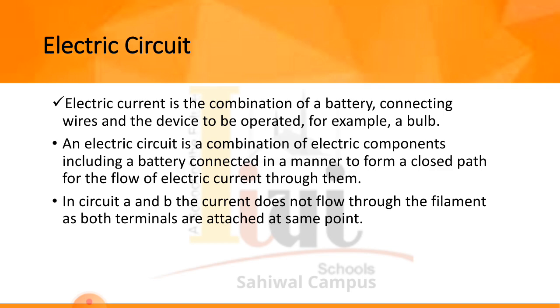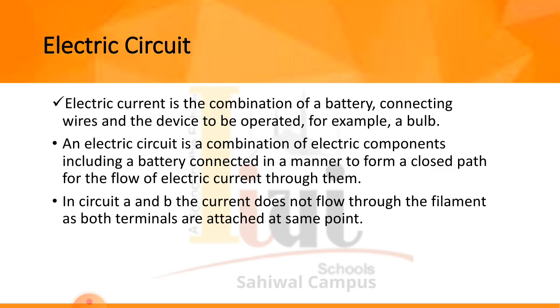When a complete electric circuit is connected across a battery, there is a flow of charges which constitutes the movement of current from the positive terminal of the battery toward the negative terminal. So in an electric circuit, the direction of flow of current is always taken from the positive terminal to the negative terminal of the battery.